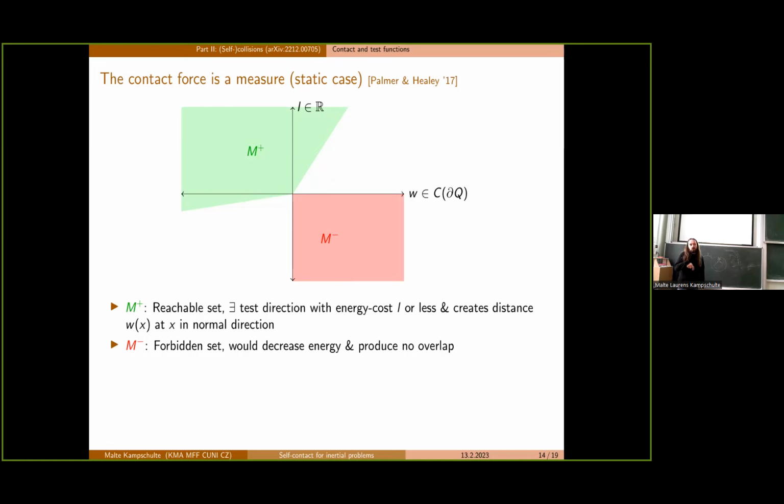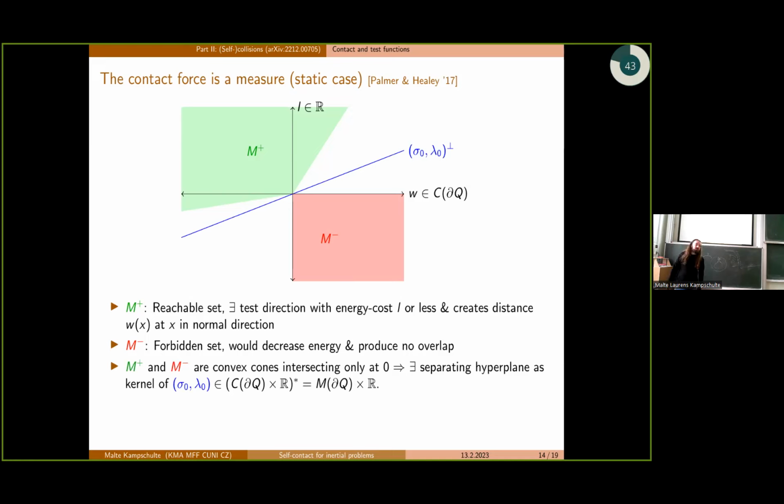This is also where this almost normal function comes into play to prove this. And you look at those two sets, and with a bit of work, you can show, or Malte could show, that in general, those are convex sets or convex cones, which basically only intersect at a 0.